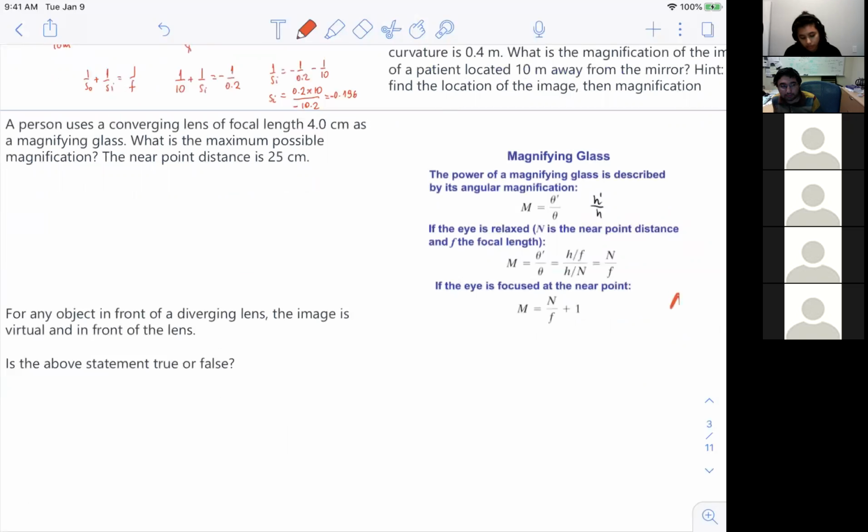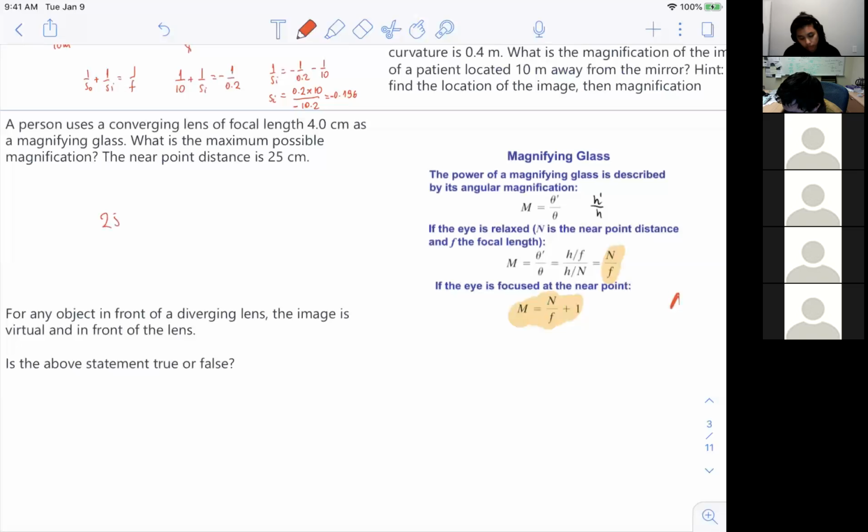So we already gave this formula. The magnification will be near point divided by the focal length of the lens, or when you use your lens to focus more, you can increase the magnification a little bit. It's going to be N over F plus 1. The maximum means we need to use the second one.